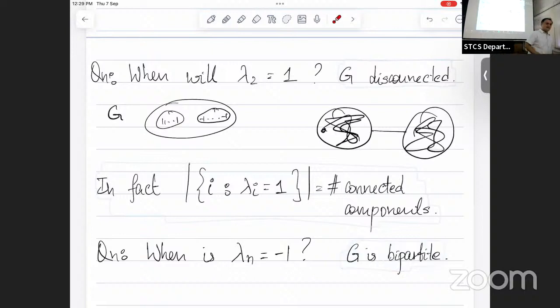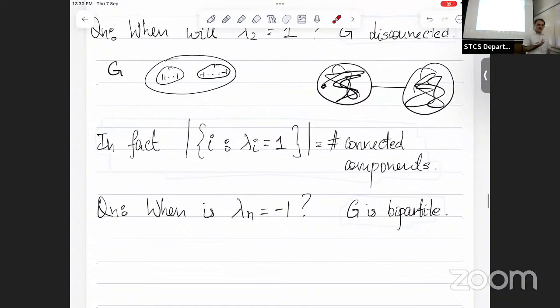It turns out that when lambda is -1, the graph is actually bipartite. What is one way to see this? You want some vector such that MF is equal to -F. That's what it means to say lambda is equal to -1.